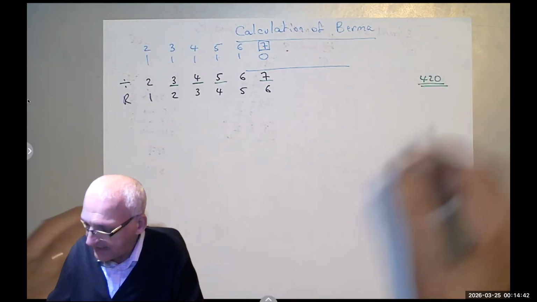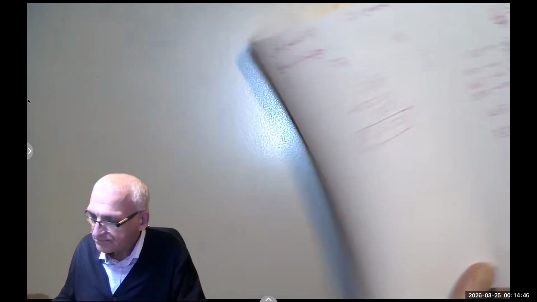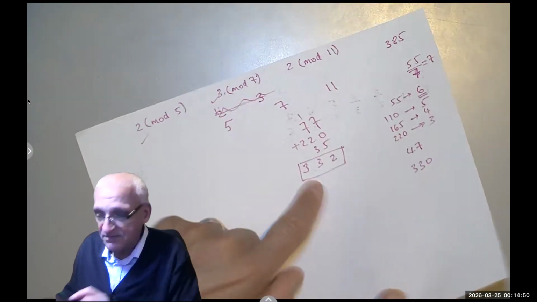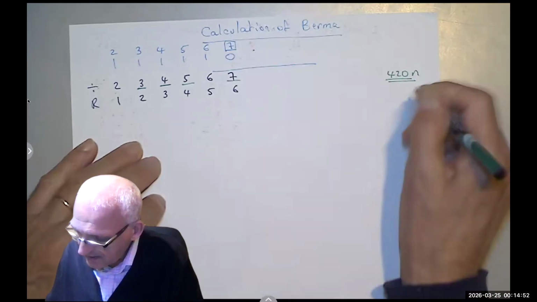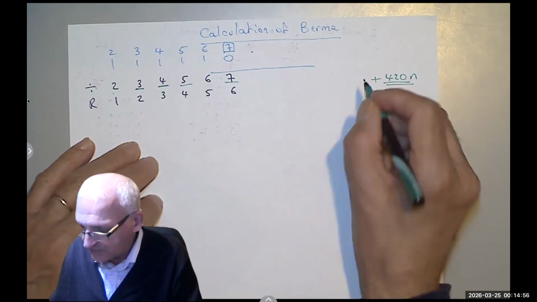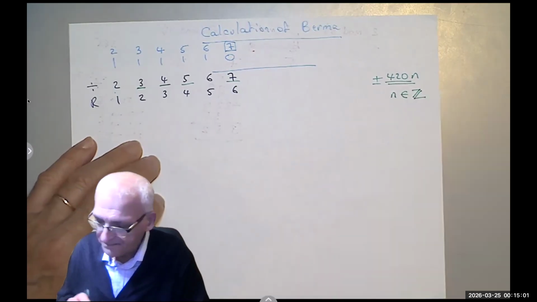So if the number I get is more than 420, like here, if it were more than 385, I would have subtracted 385. So I can say any number plus or minus 420n, and n is an integer.